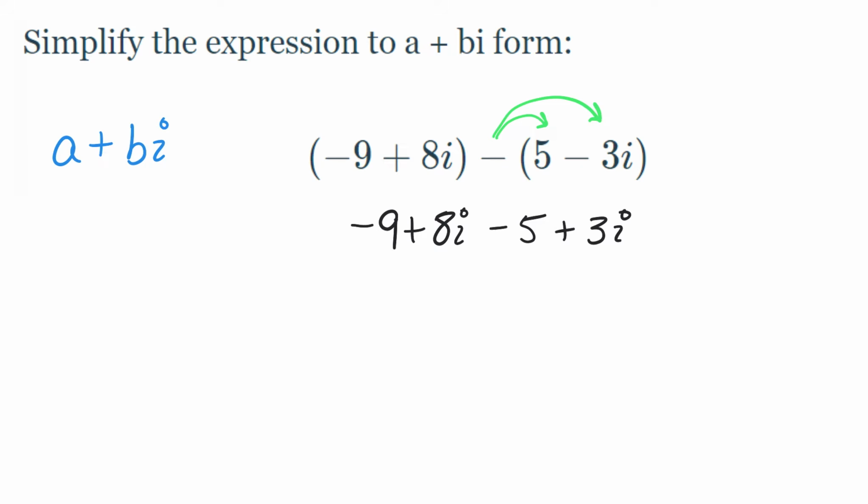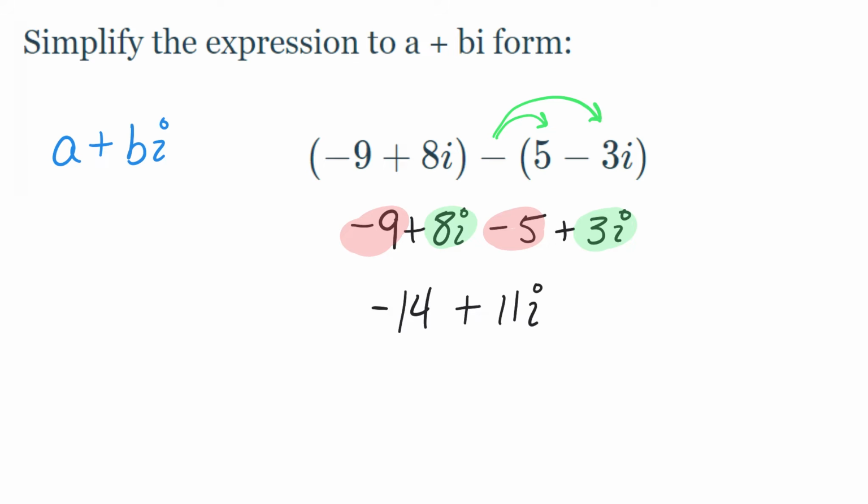Once we've done this, we are going to identify our like terms. We're going to deal with the a values first, the constant values. We have a -9 and a -5, which gives us a -14. And our i values are 3i and positive 8i, which combine to give us 11i.